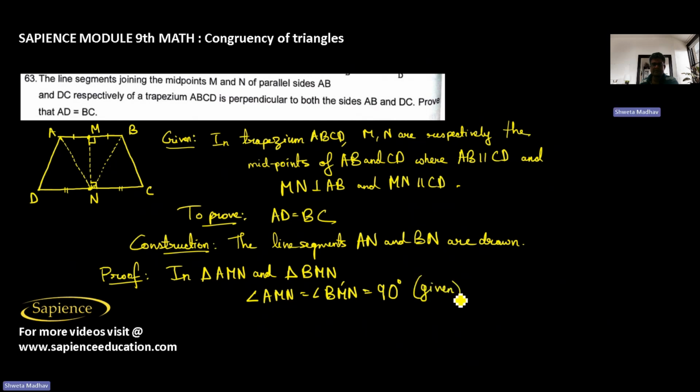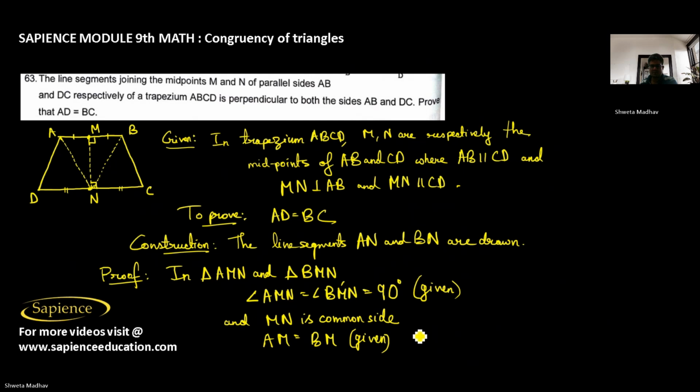Since it is given that MN is perpendicular to AB, and MN is the common side. And AM equals BM, since it is given that M is the midpoint of AB.